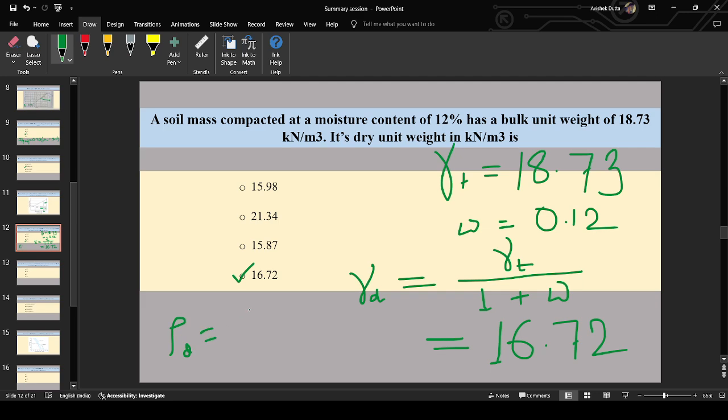Dry density equal to bulk density divided by 1 plus the moisture content in fraction. I hope the solution is clear. I go to the next question.